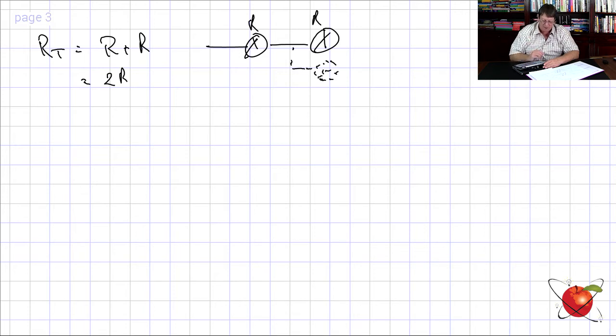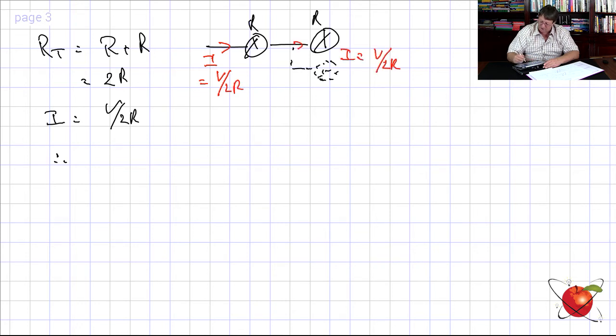Once again, you go back and you say I is therefore V over 2R. Therefore, okay, the current is now going through each one. I equals V over 2R, correct?